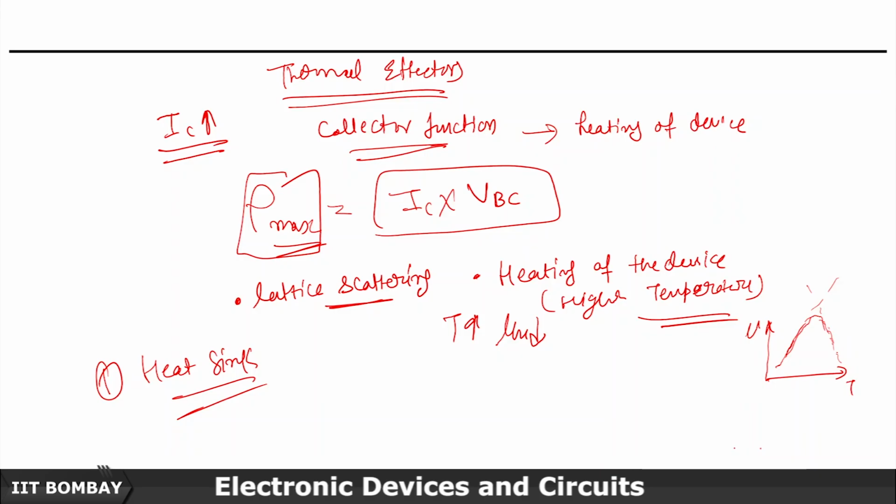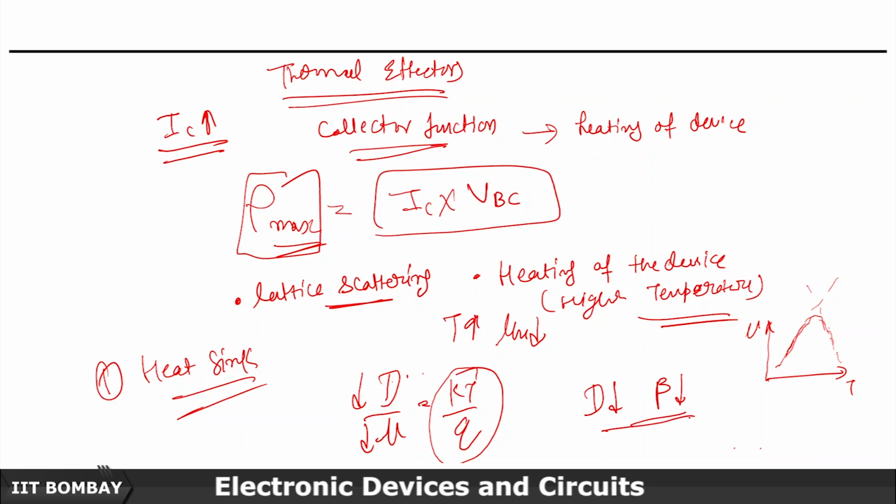So, if mobility goes down, since D by mu is kT by q, if mobility is going down, this diffusion will also go down to maintain the ratio. Which is not good, because if D is going down, beta will go down, right? Amplification will not be there.